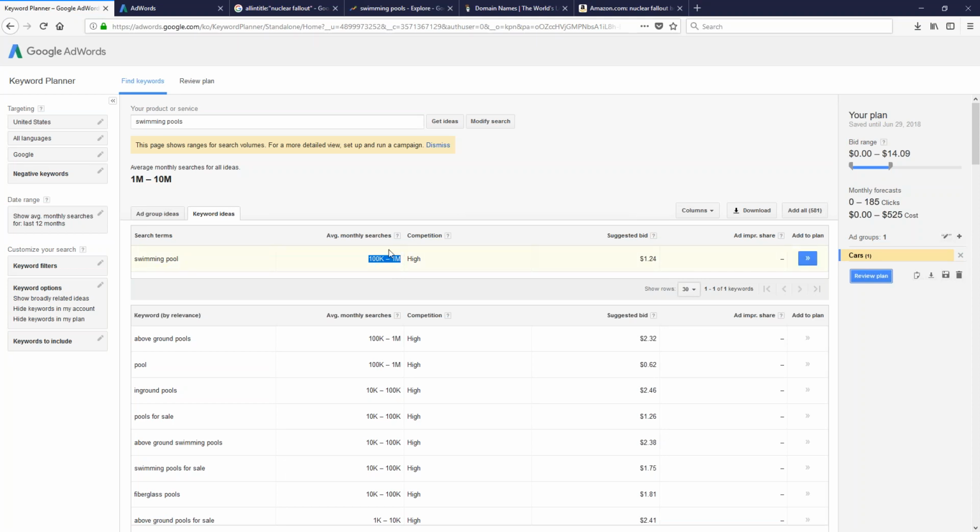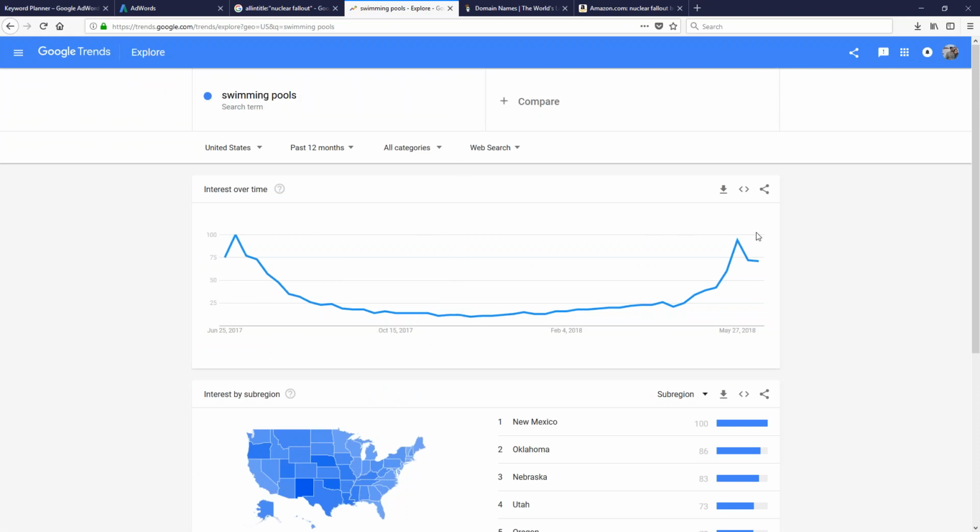We have 1 million average monthly searches for the term swimming pool on Google. If I then go back over to Google Trends, I can see that during the cold parts of the year, there's a very minor amount of traffic, maybe as little as 10% of the amount of traffic during the peak times of the year.